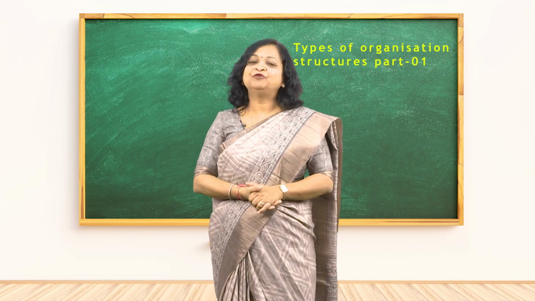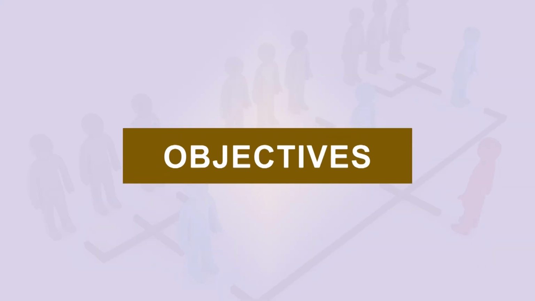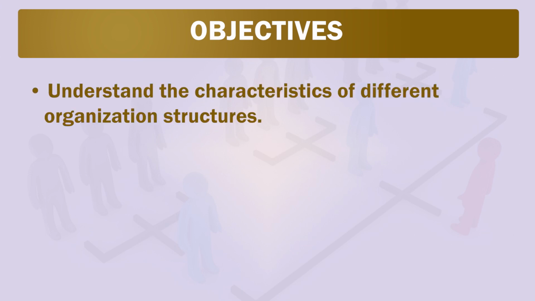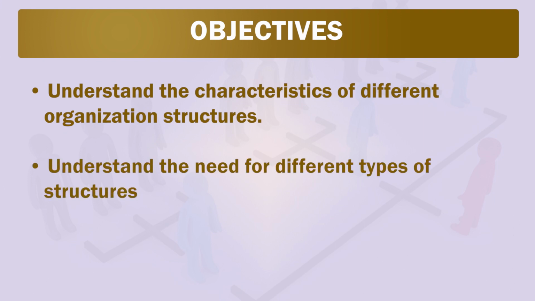Let me explain what the objectives of the session are. You should be able to understand the ins and outs and the characteristics of the different organization structures. You should be able to understand the need for different types of structures.